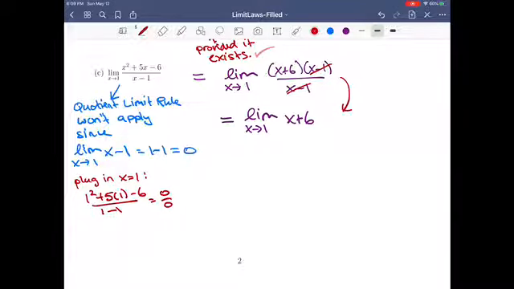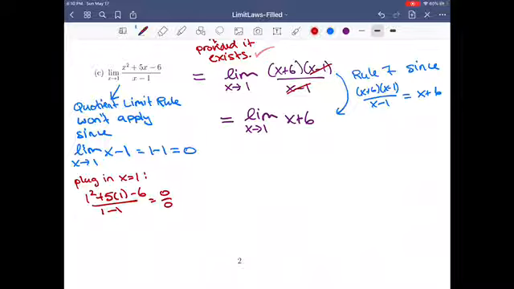I'm going to use blue here and call it rule 7. This works since x plus 6 times x minus 1 over x minus 1 equals x plus 6 as long as x is not equal to 1.